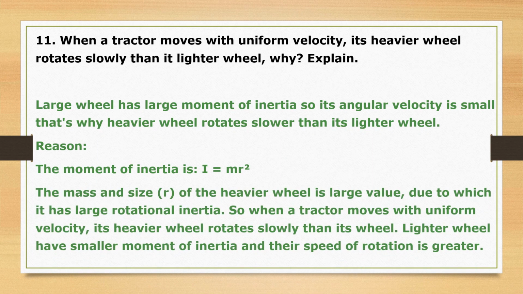The mass and size, that is the radius, of the heavier wheel is large, due to which it has large rotational inertia. Lighter wheels have smaller moment of inertia and their speed of rotation is greater.